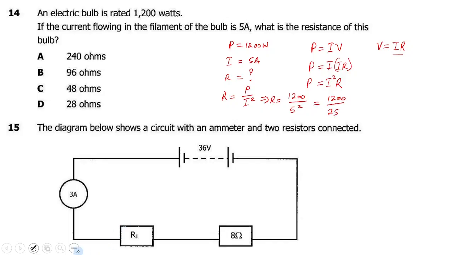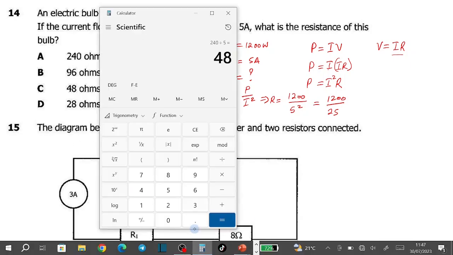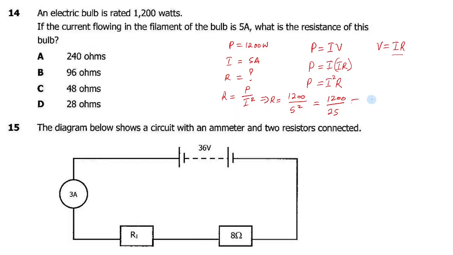So we'll get our calculator quickly and do 1200 divided by 25, which will give us 48. So the resistor there is going to be 48 ohms, which means our answer will be that. So ohms in readings, Ω in symbol.